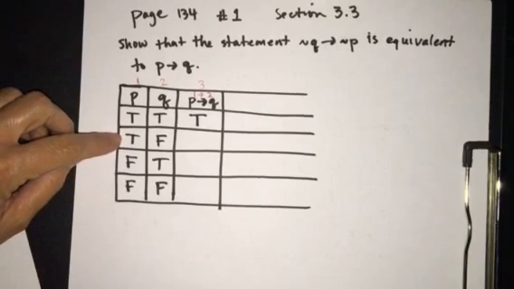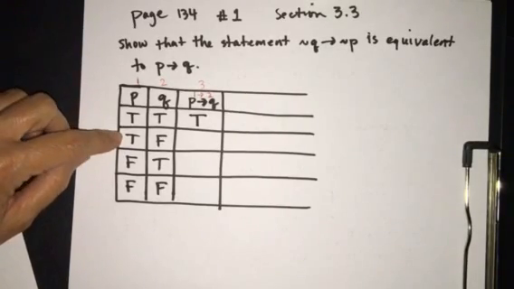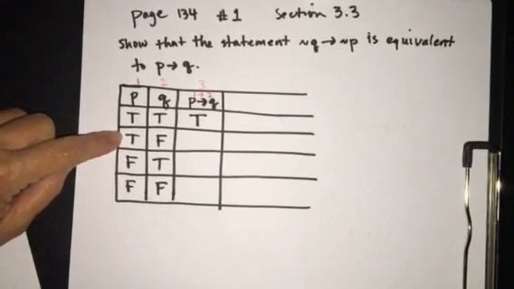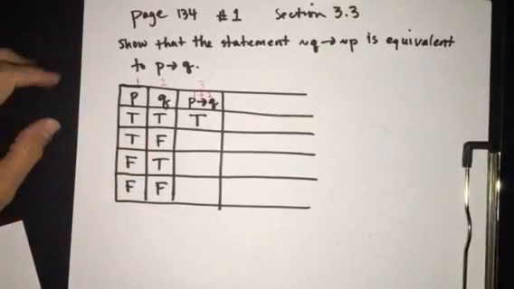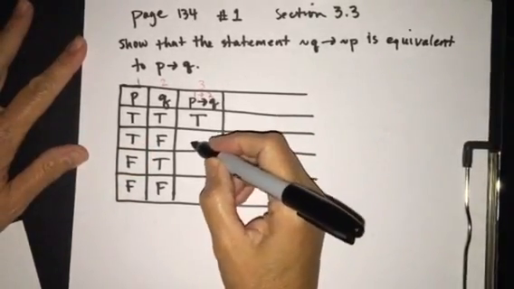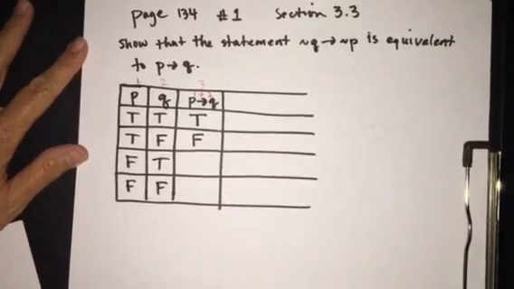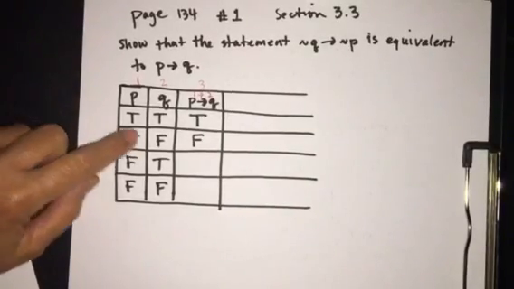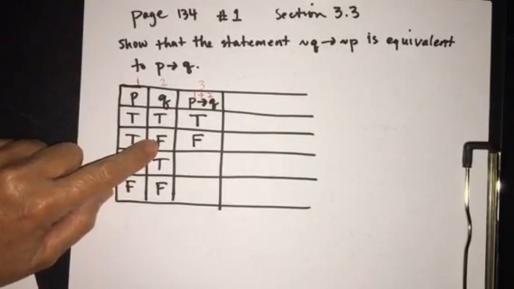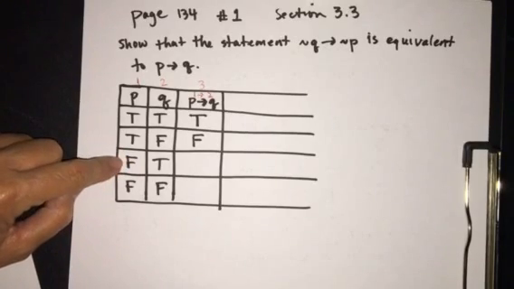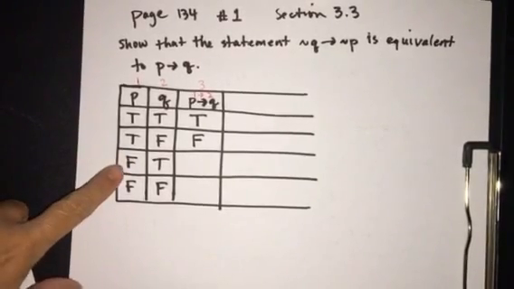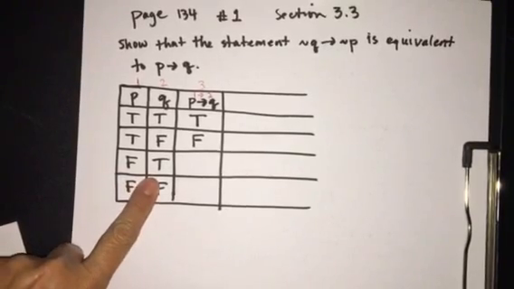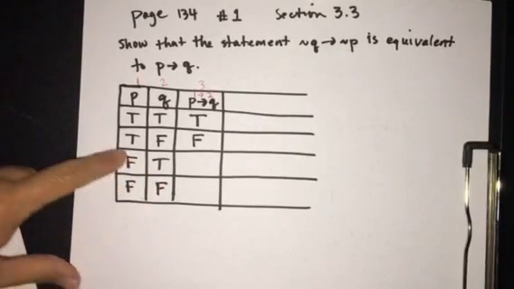On the second line, P is true, which means I got paid. Q is false. I did not give you $10, so I broke the promise. That's false. If I get paid tomorrow, then I will give you $10. On the third line, I get paid is false, but I gave you $10 anyway.